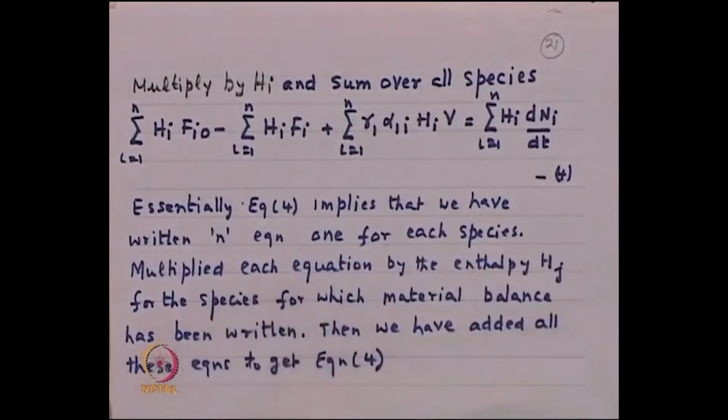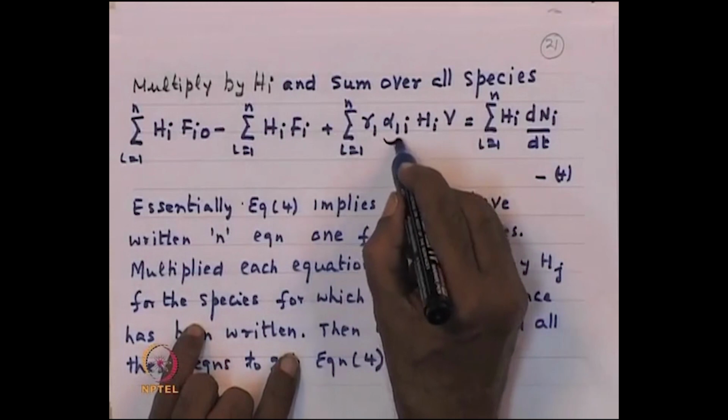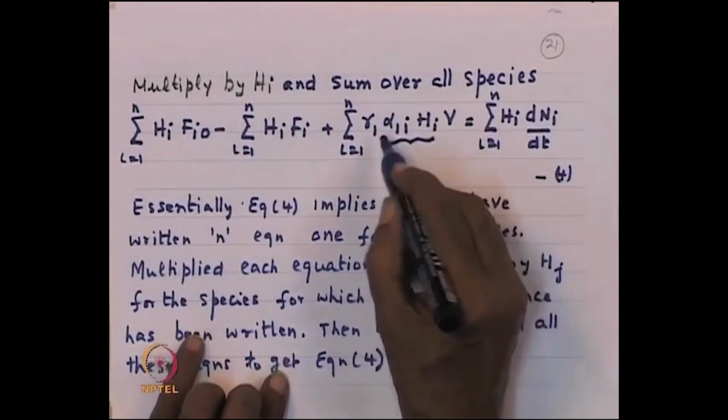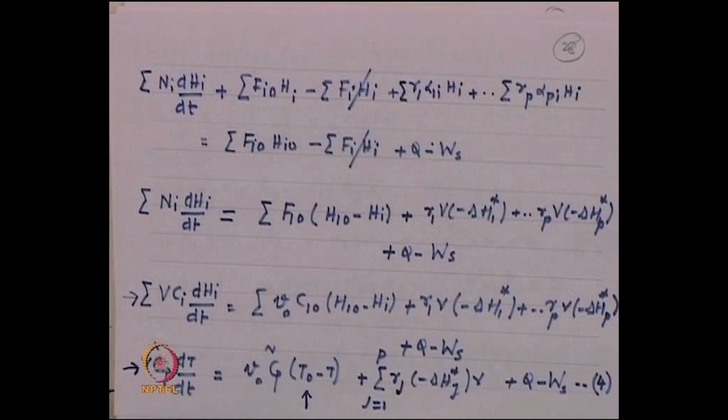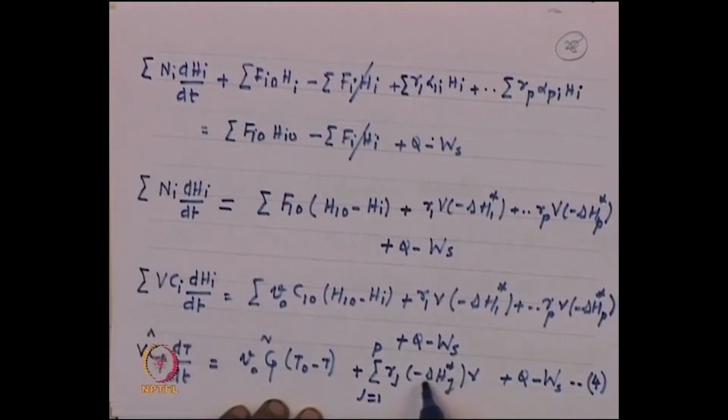The important thing is that this term is actually delta H1 star for a single reaction. Now, when there are many reactions, for the jth reaction it will become delta Hj star. Rj is the intensive rate of that reaction j. So, Rj, with j going from 1 to p, there are p rate processes, is that clear?